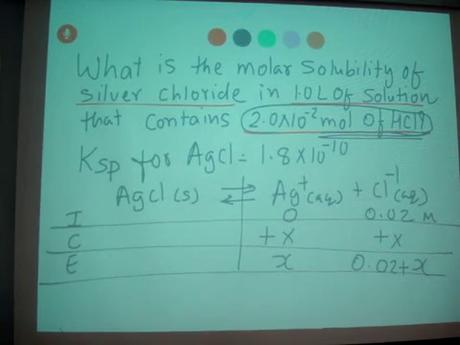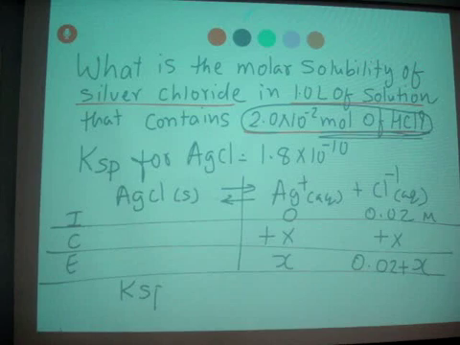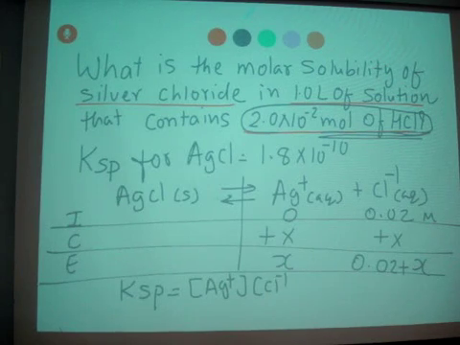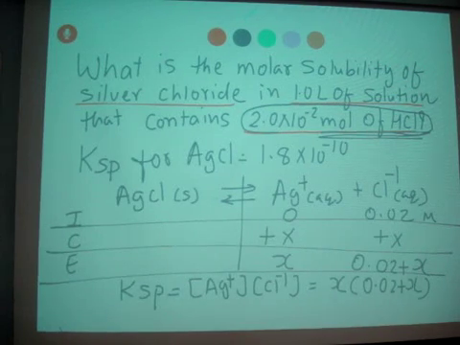Now we will write Ksp. Ksp is Ag plus times Cl minus. We can say x times 0.02 plus x, and then Ksp has already been given, right?